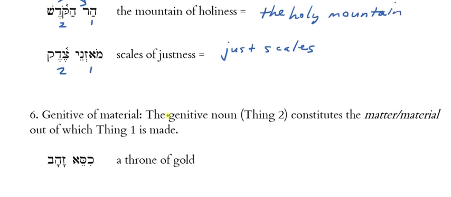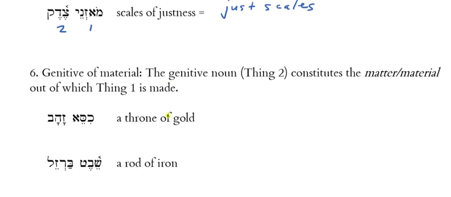All right, and finally, we have genitive of material. In this type of genitive, the genitive noun is going to constitute the material or the matter out of which the construct noun or thing 1 is made. So keseh is throne, zahav is gold. This is a construct chain, thing 1, thing 2. Zahav relates to keseh as constituting the material out of which the throne is made.